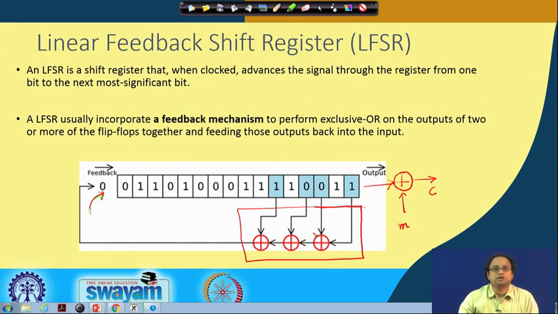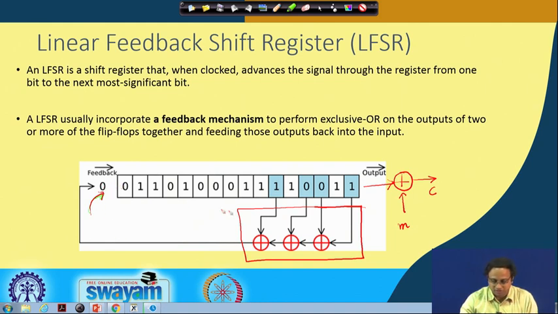The idea is that we tap out a few points from the LFSR state, as shown by the blue or shaded portions, then do an operation defined by this feedback circuit, and create this feedback bit, which is fed back into the LFSR.